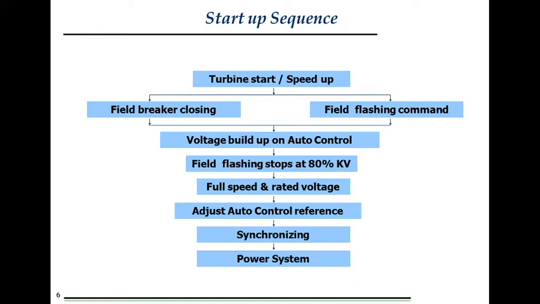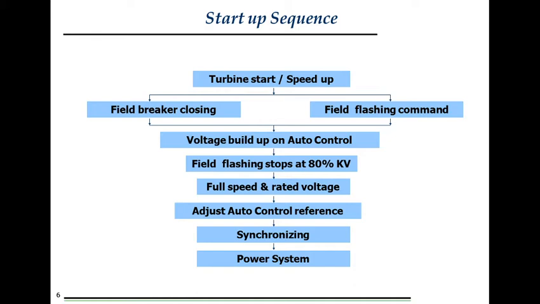Now, residual magnetism in the generator excited field allows the generator to build up voltage during startup. This residual magnetism is sometimes lost due to shelf time or improper operation, among other reasons. Restoring this residual magnetism is possible, and this is sometimes referred to as flashing of the exciter field.